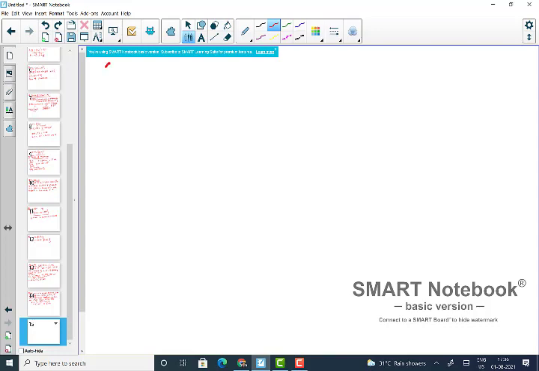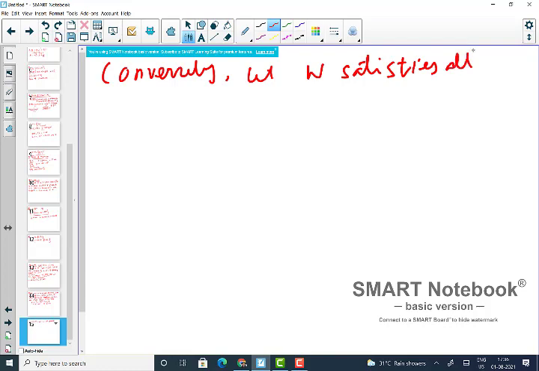So conversely, let W satisfy all three conditions. We need to check that W is a vector space with respect to the same operations, but zero is already there, so you don't have to prove it.